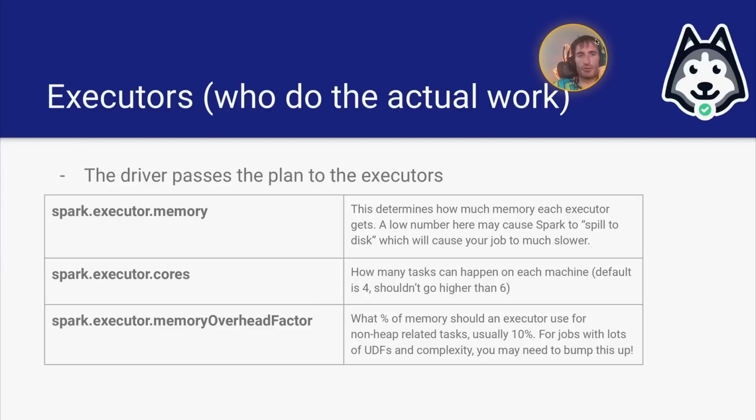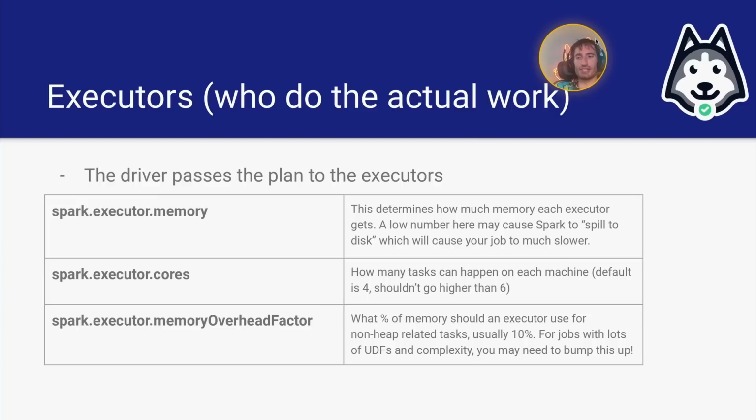And then you have the memory overhead, just like you have with the driver. In this case, you really want to bump this number up if you have jobs with a lot of UDFs, especially if you're using PySpark. PySpark UDFs are terrible. Also with a lot of complexity, a lot of joins and unions, if the plan is crazy, your JVM might need a little more memory footprint.